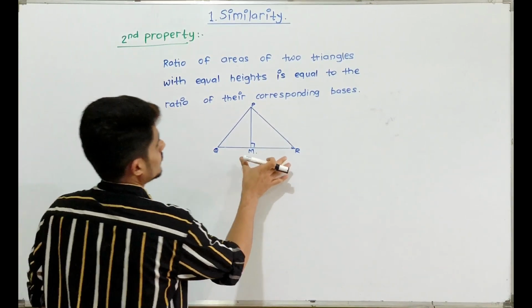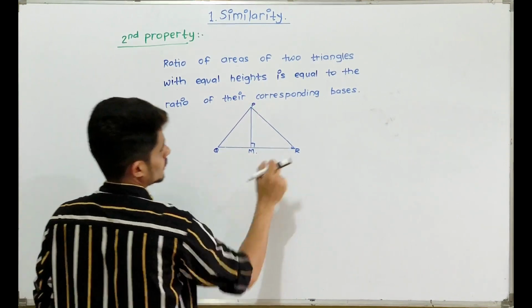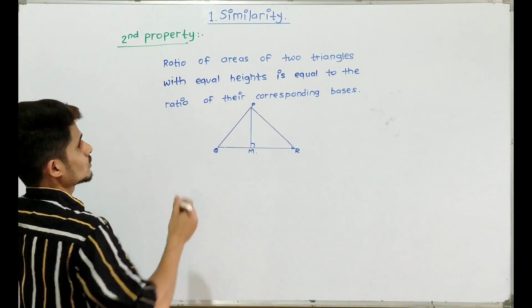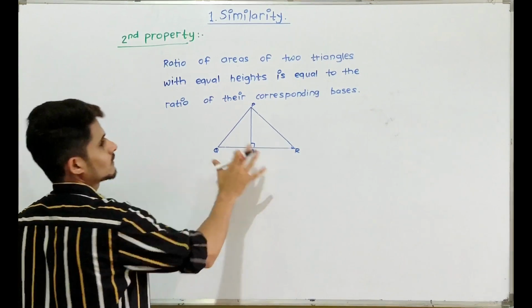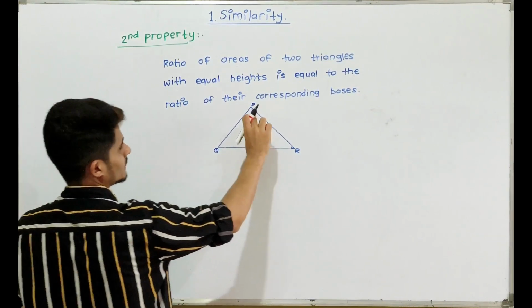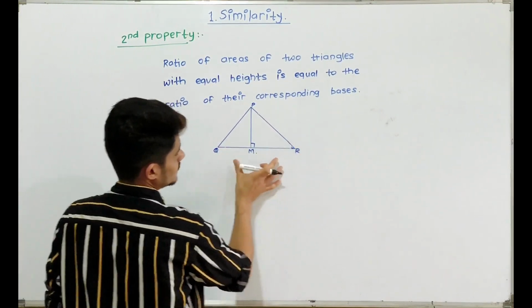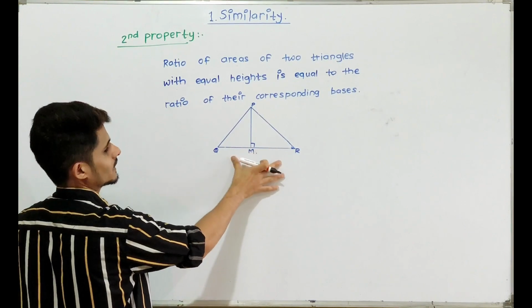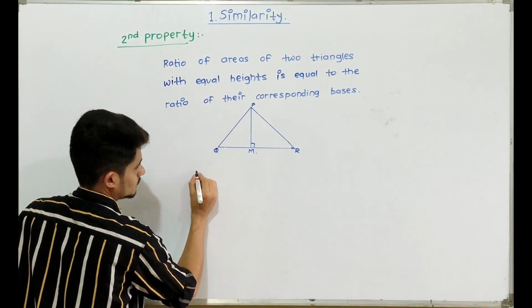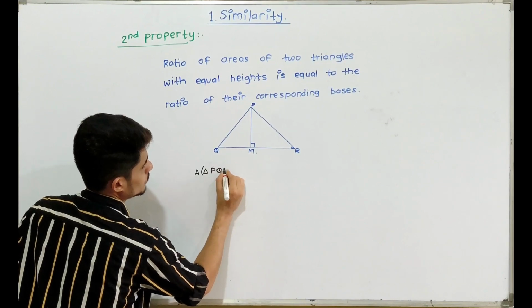We have taken a triangle PQR in which PM is perpendicular to QR. So firstly we'll find the area of one triangle and we'll find the area of second triangle. You can take two separate triangles or you can take a triangle like this. So area of triangle PQM.